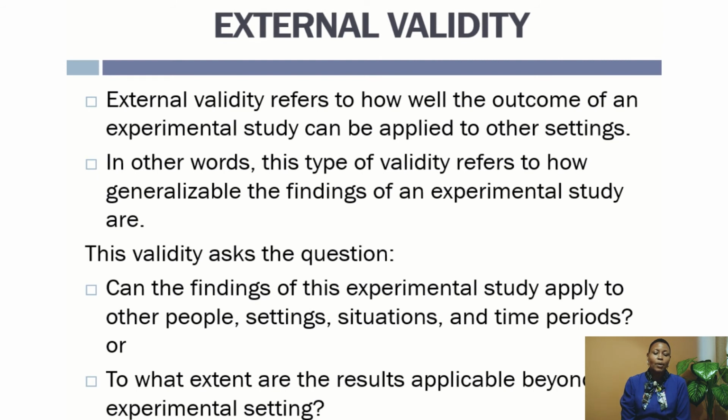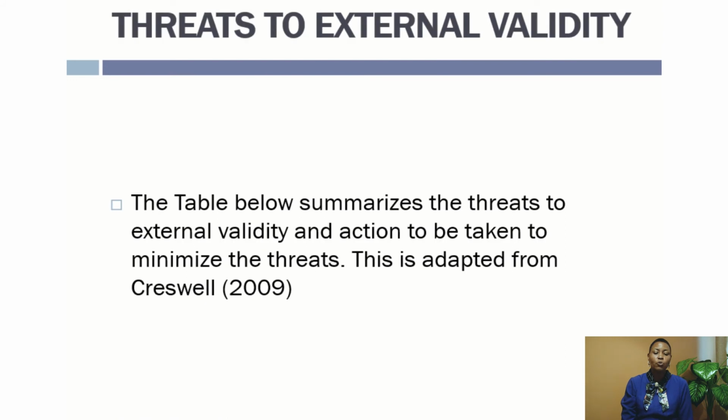We are asking ourselves, can the findings of this experimental study apply to other people, other settings, other situations and time periods? To what extent are the results applicable beyond the experimental setting? Are we confident that we can generalize the findings of an experimental study beyond the experimental setting?